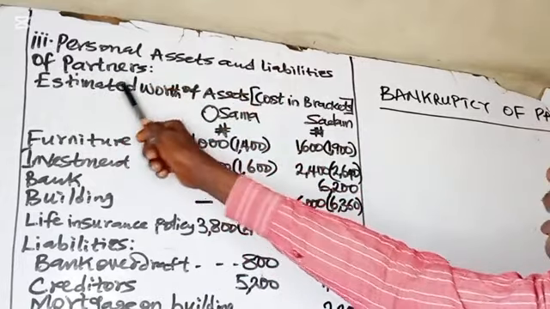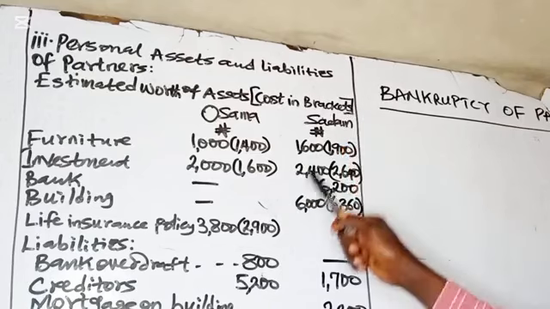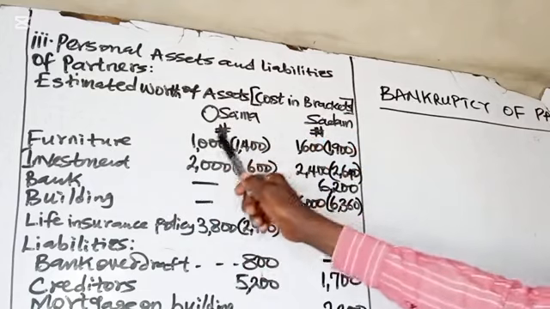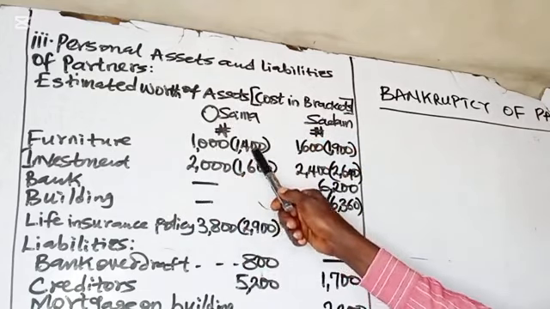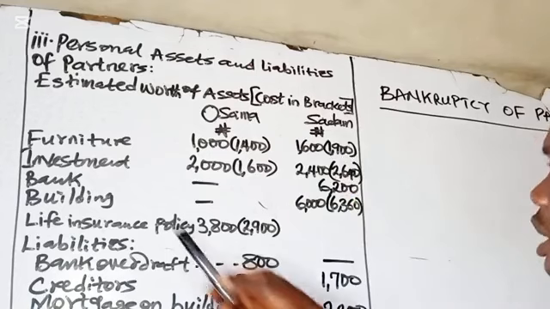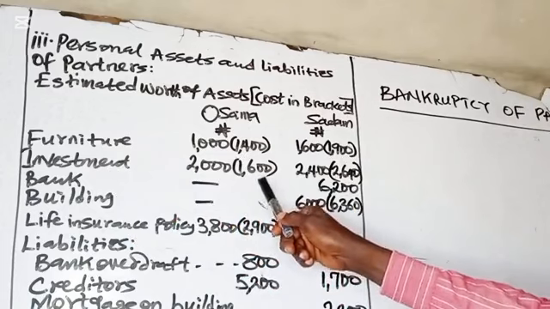You have estimated worth of assets, cost in brackets. We have Osama, we have Saddam. Furniture 1,000, the cost is 1,400. For Saddam, 1,600, the cost is 1,900. Investment 2,000, 1,600 being the cost.